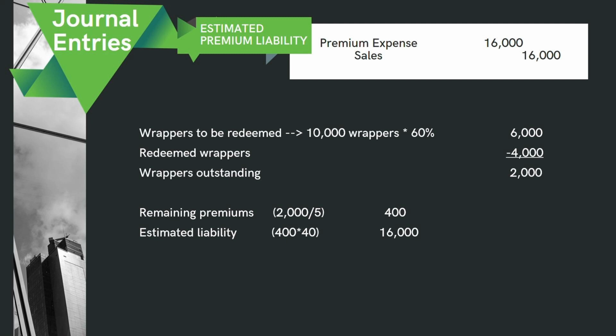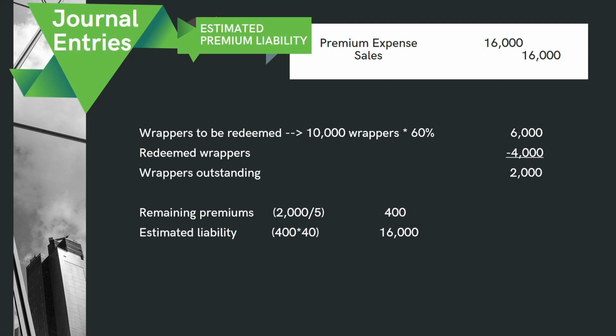Then, during the year, the redeemed wrappers are 4,000. So, what remains is 2,000. And then, for every exchange, you need to submit 5. That's why it is divided here. 2,000 divided by 5, so that is 400. And then, there is also the 10 pesos remittance, right? So, we still deduct from the cost. 50 minus 10, that's why here it is just 40.